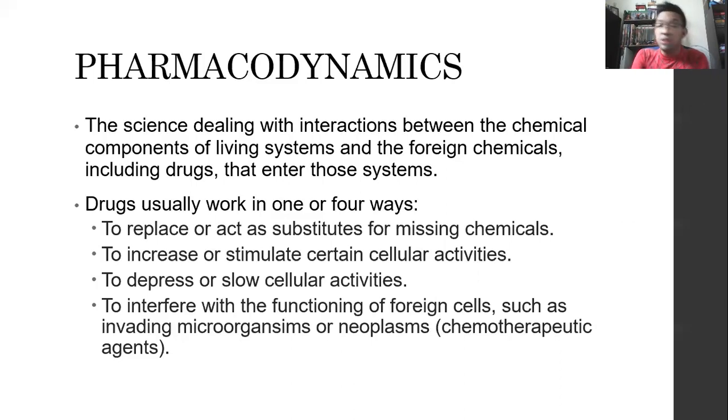If there are drugs that increase or stimulate cells, there are also drugs that will depress or slow certain cellular activities. Let's say, for example, a patient is suffering from hypertension, high blood pressure.